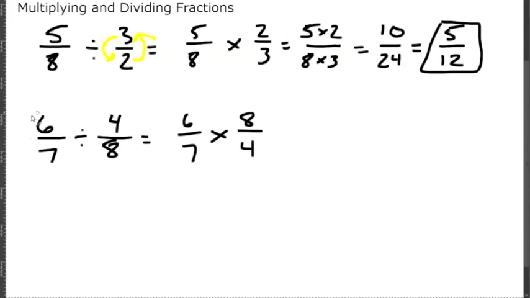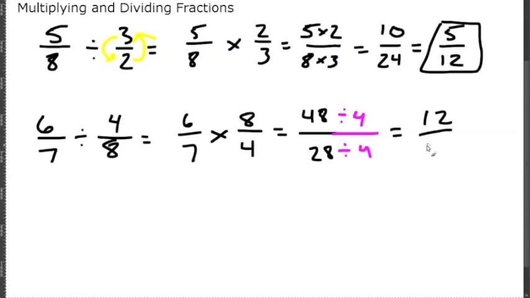You can also flip the first fraction if you'd like to, but remember to only flip one of the fractions. 6 times 8 is going to be equal to 48. 7 times 4 is going to be equal to 28. I know that 4 is going to be the greatest number that divides evenly into both of these terms. So dividing the top by 4 and the bottom by 4 will simplify this fraction. This is going to give us 12 over 7.